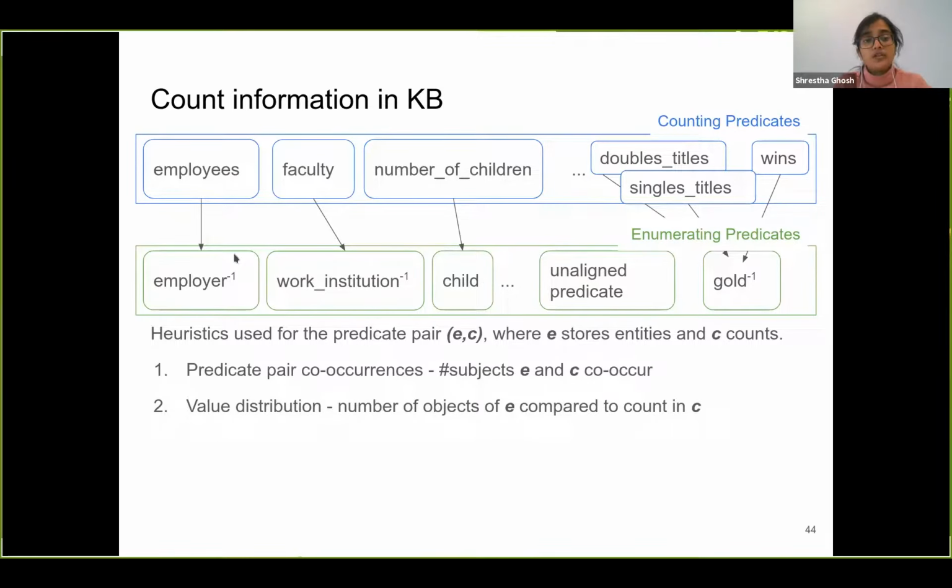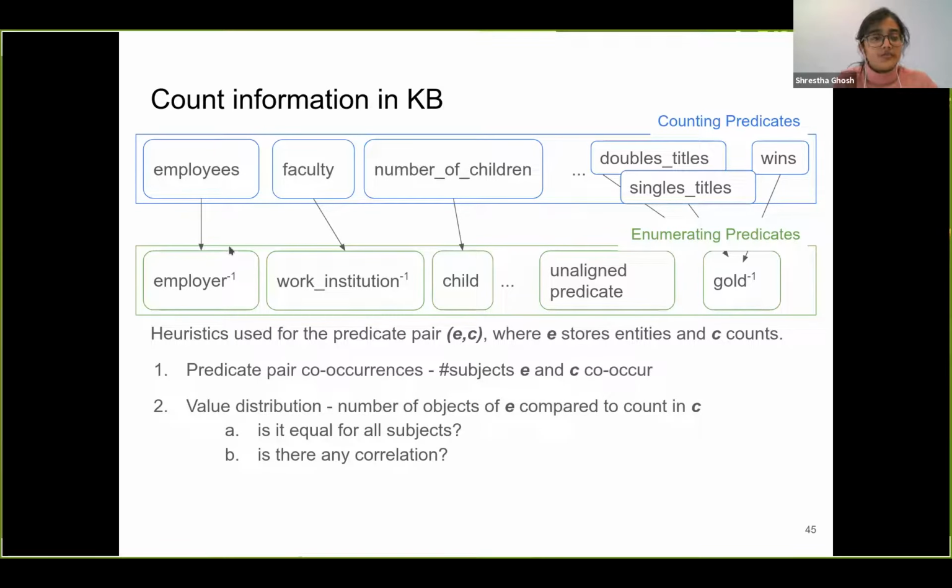But what you could do here then is not just check for equality, but the relation in which the two numbers compare. So is there any correlation?